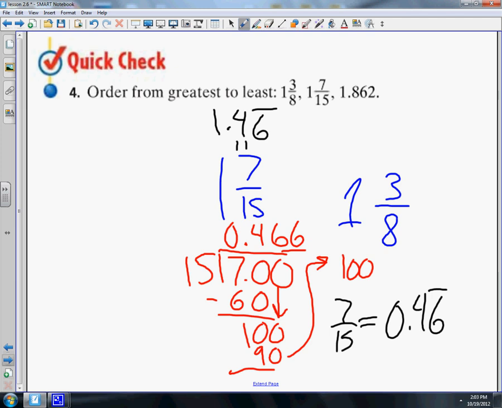So now that we know how big that is, we can see 1.46 repeating is smaller than 1.862. So we're going to have 1.862 out front. So the order goes from greatest to least, 1.862, then 1 and 7/15ths, and then 1 and 3/8.